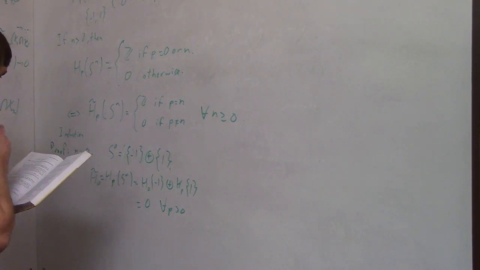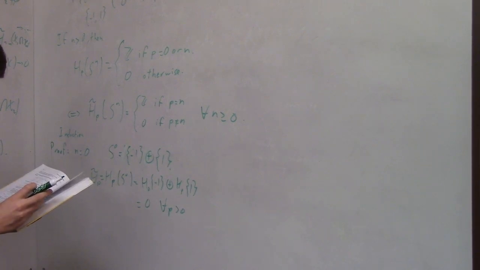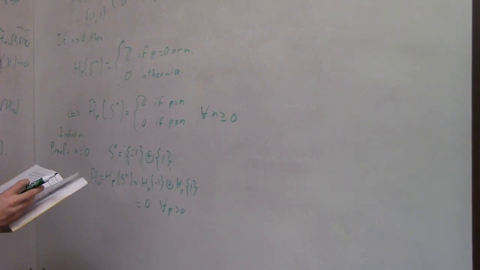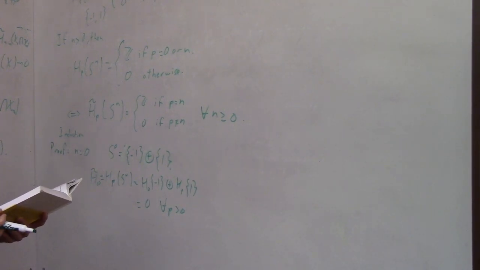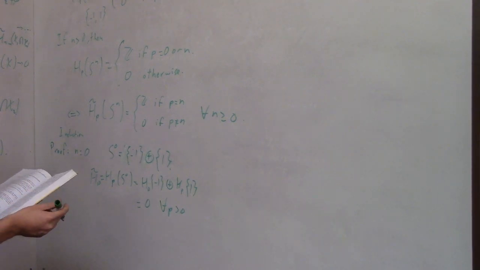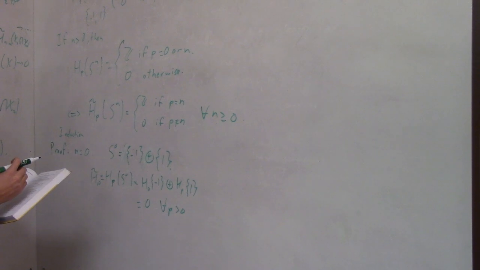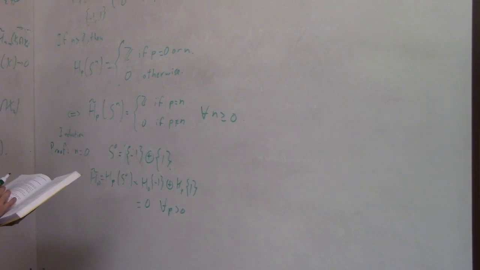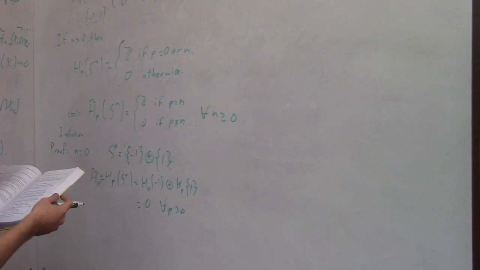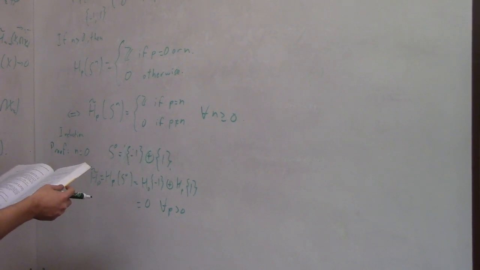Certainly -1 and 1 are path components for S^0, which is what you were using there. Yes. All right, and so for n greater than 0.